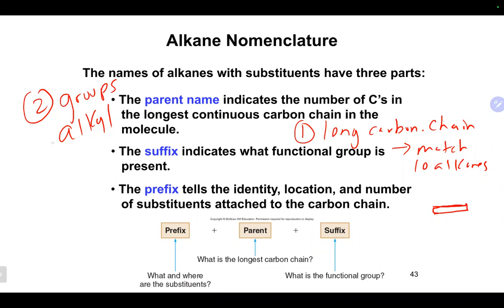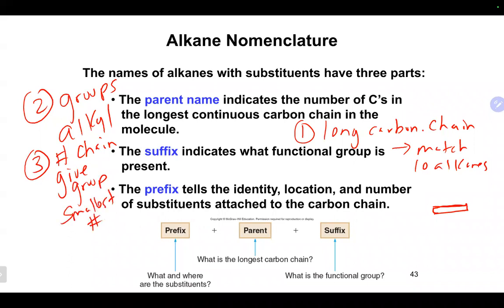You want to number the chain to give the groups the smallest number. So you may have multiple things attached there, and you want to number whichever way, left to right or right to left, up or down, that gives those groups the smallest number.